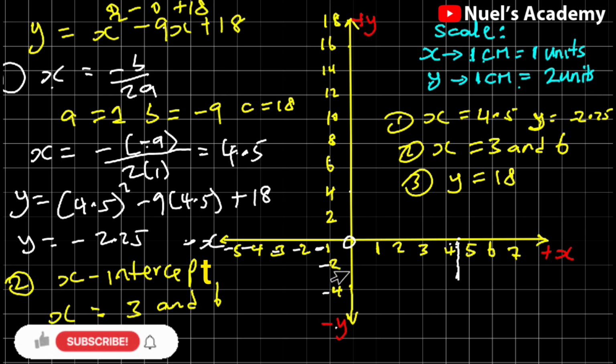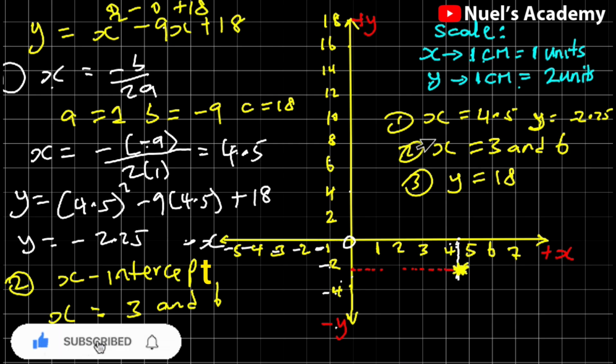In between negative 2 and negative 4 is negative 3. So 2.25 will be around here, before 3. So let's assume that this is where it is. This is where the two lines met. Alright, so we mark it as 3.